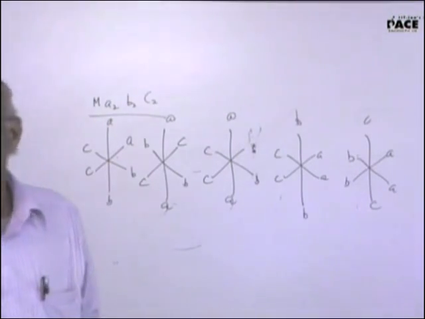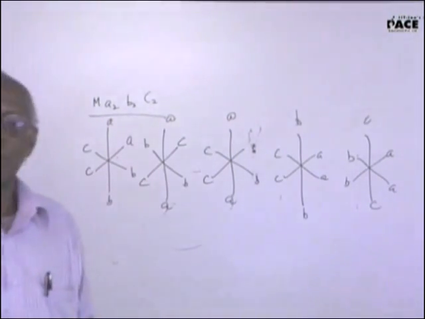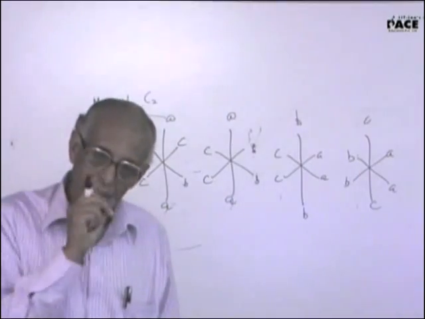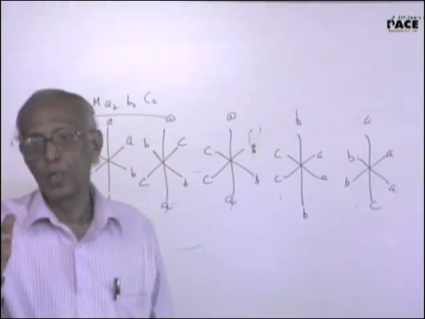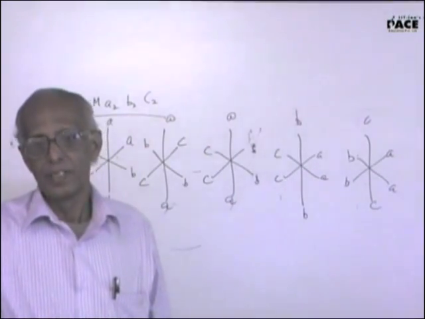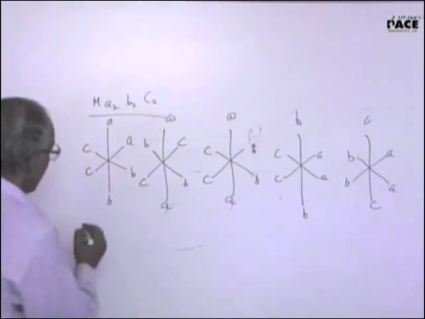So if you have three types of monodentate ligands, each having 2 in number, then it will be called Cs.